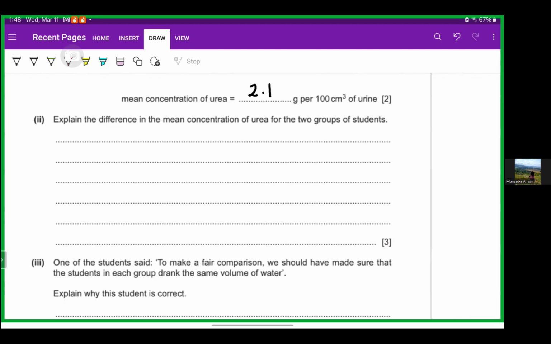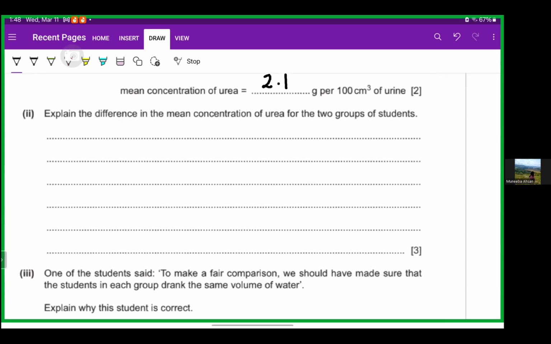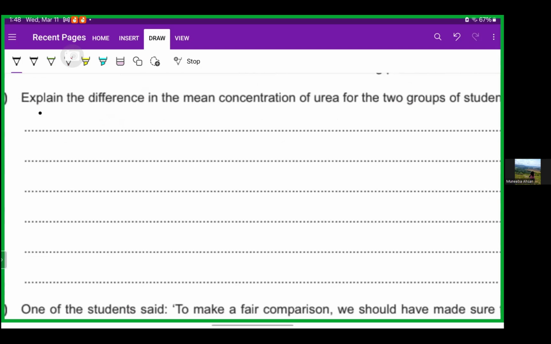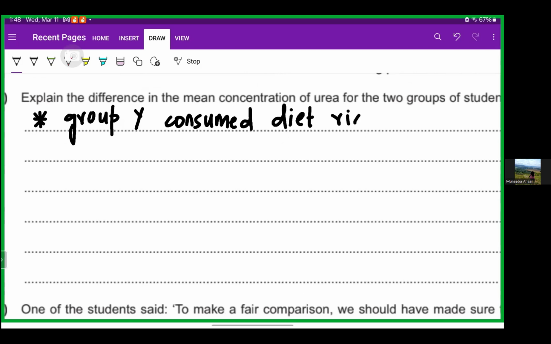So group Y consumed a diet rich in proteins.